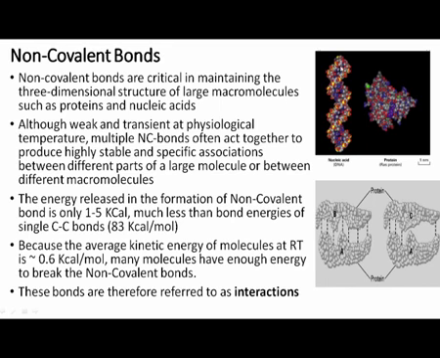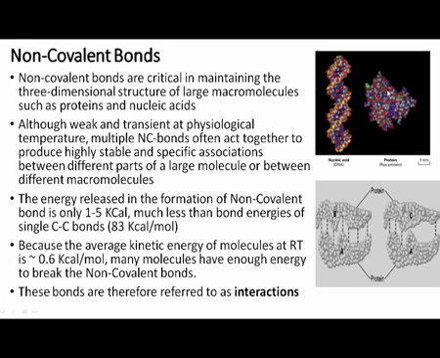Each one of them is actually held together, the main chain is held together by covalent bonds, but the two chains, or the protein by itself, as I have been telling you in my previous class, are held together by a large number of non-covalent bonds.